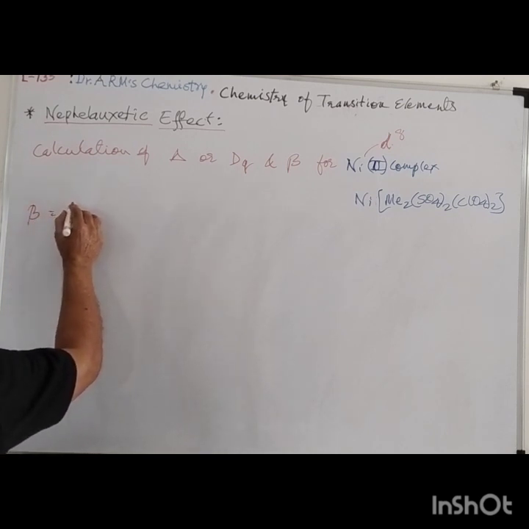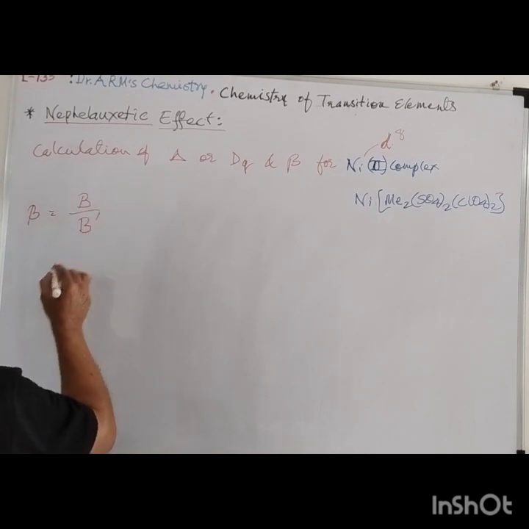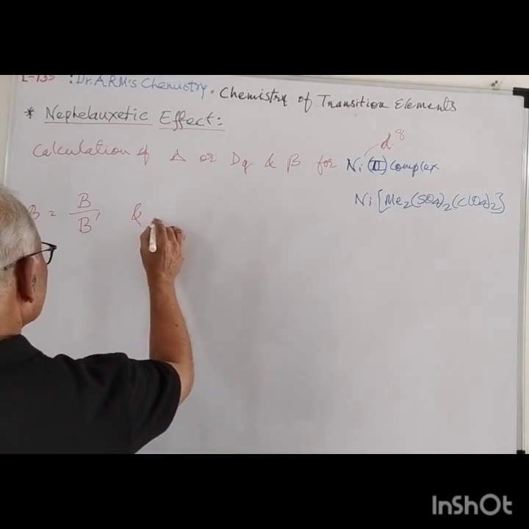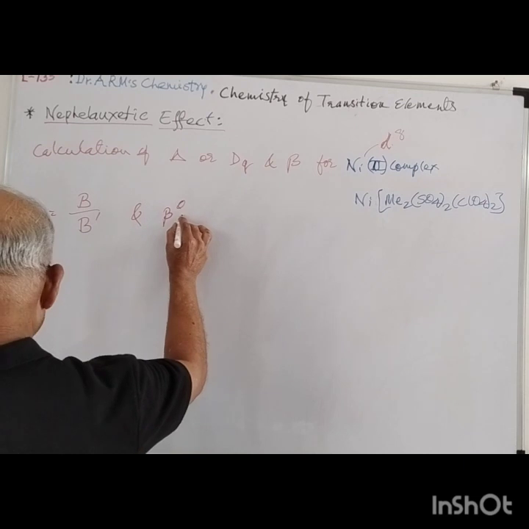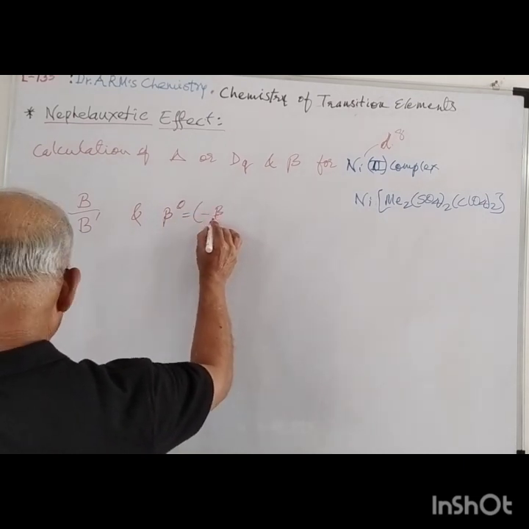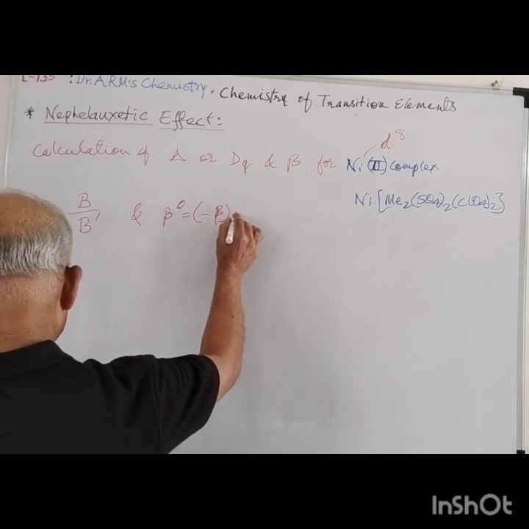Beta is equal to B upon B prime, and beta 0 is equal to 1 minus beta into 100.